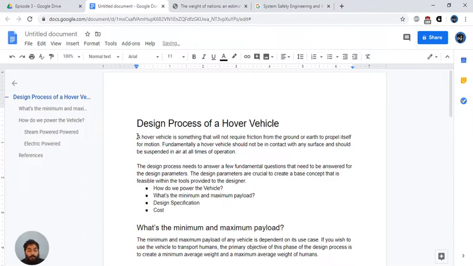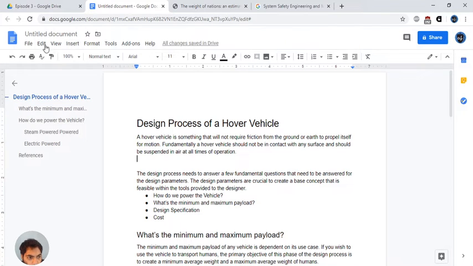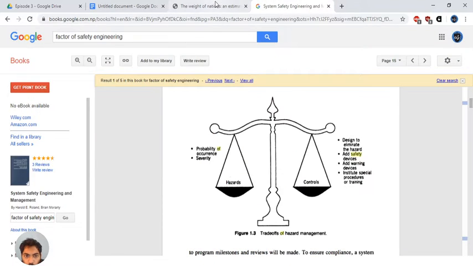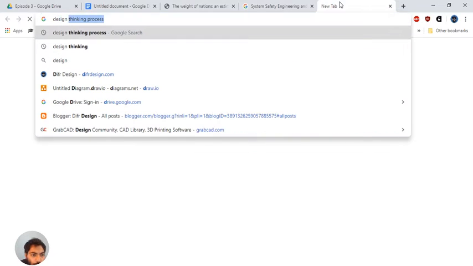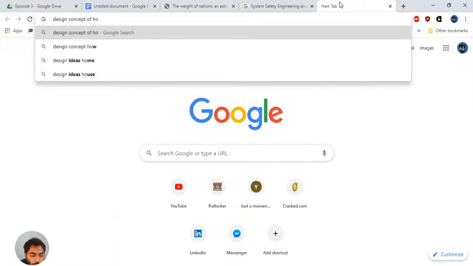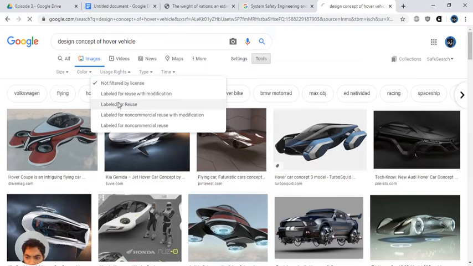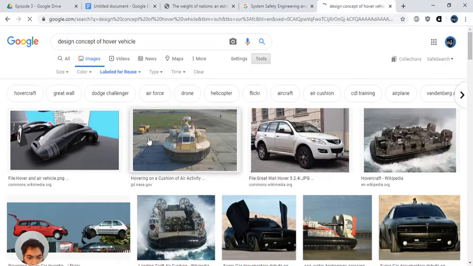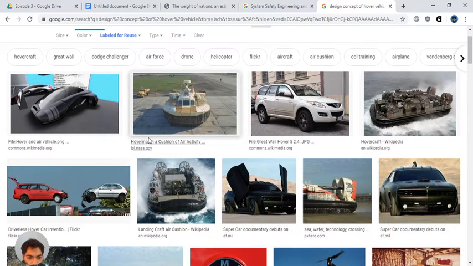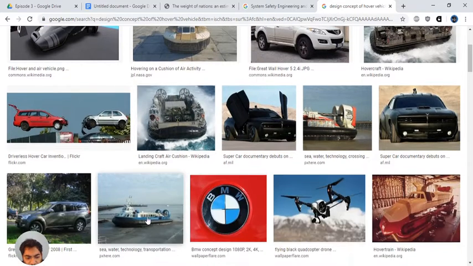So basically that. They call this a hover vehicle.